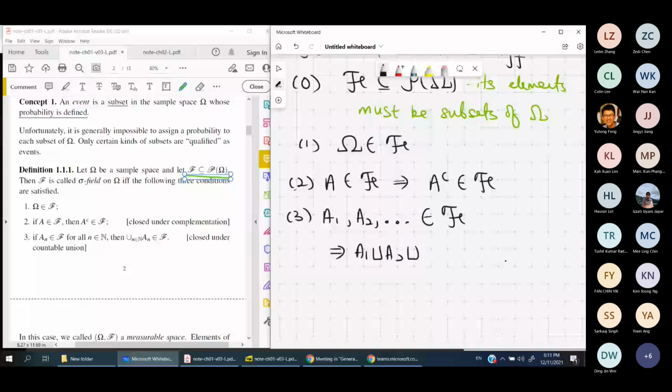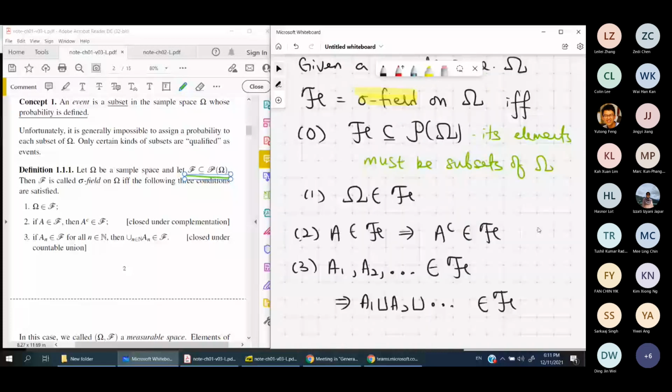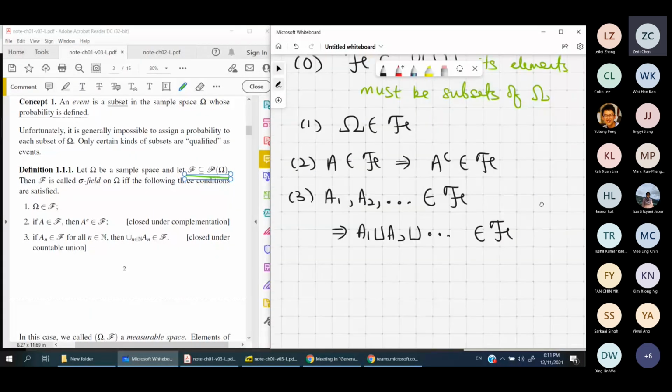Once our F fulfills these, including 0, then it is a so-called sigma field. If I give you something, you just need to verify 0, 1, 2, 3. If it fulfills all these criteria, it will be a sigma field on omega. That is our definition, and this is how we need to do it.